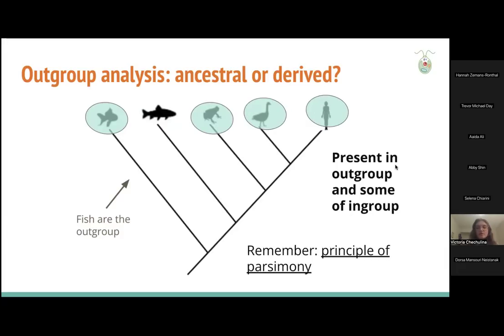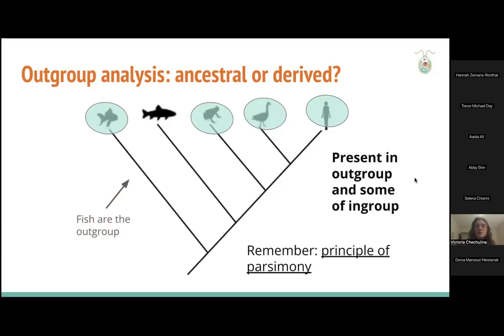So what if the trait is present in the outgroup and some of the in-group? Is it ancestral or derived? The answer here is ancestral. And what we have to remember here is the principle of parsimony, which states that the tree with the fewest evolutionary changes is probably the most correct tree. In other words, the simplest tree is probably the best one.